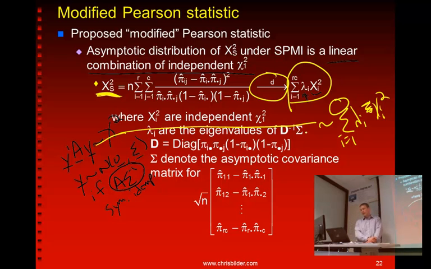So that's interesting, I think. So what could I do then? How could I use this asymptotic distribution? Well, perhaps you could estimate the eigenvalues. Put in estimates for D and sigma. But let me tell you that it doesn't end up working out that well.